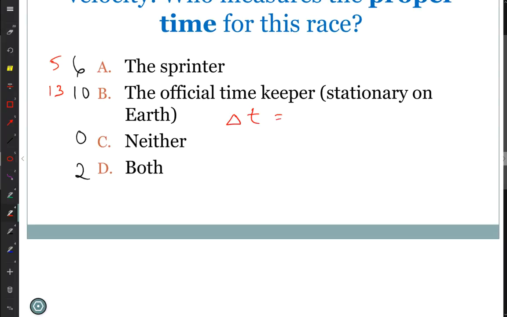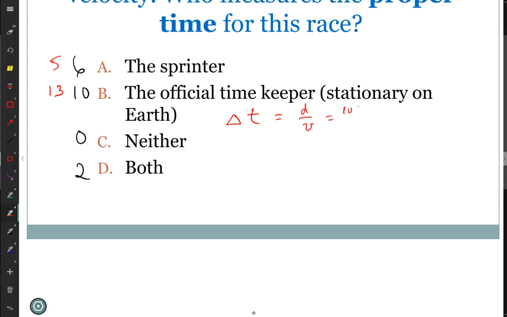delta T is equal to the distance over the speed. Let's be realistic, because my next clicker question goes to the ridiculous numbers.